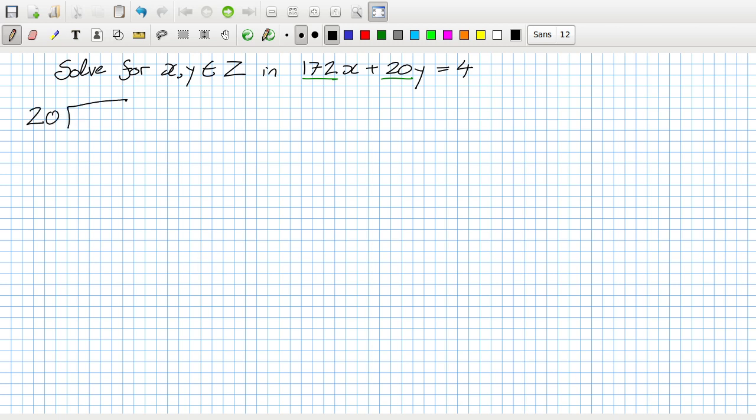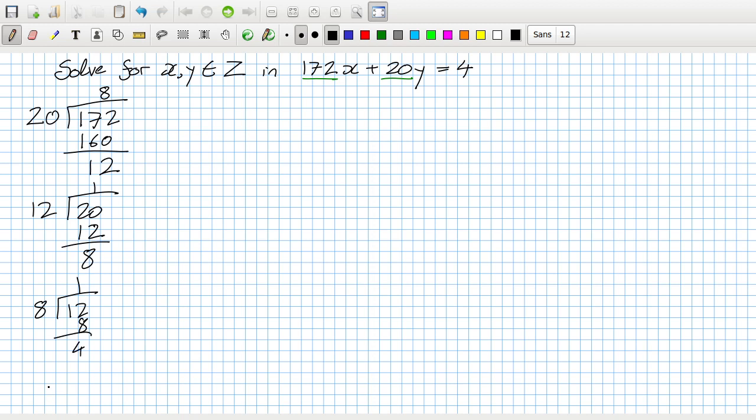20 divided into 172. How many times does that go? 8 times, isn't it? 160. Left over, remainder 12. 12 into 20 goes once. Remainder 8. And 8 into 12 goes once.